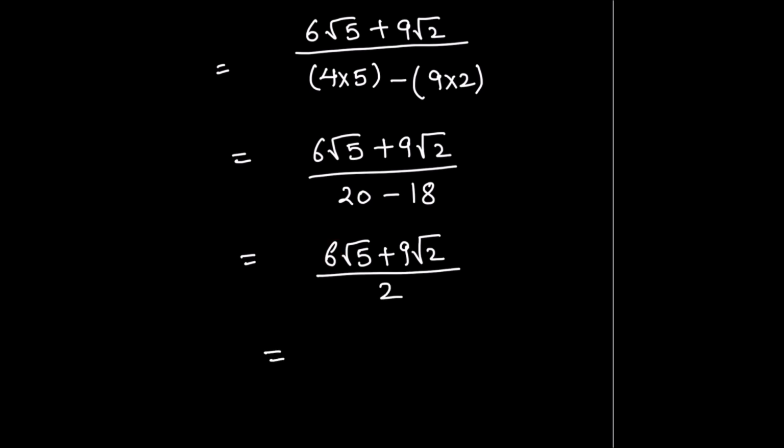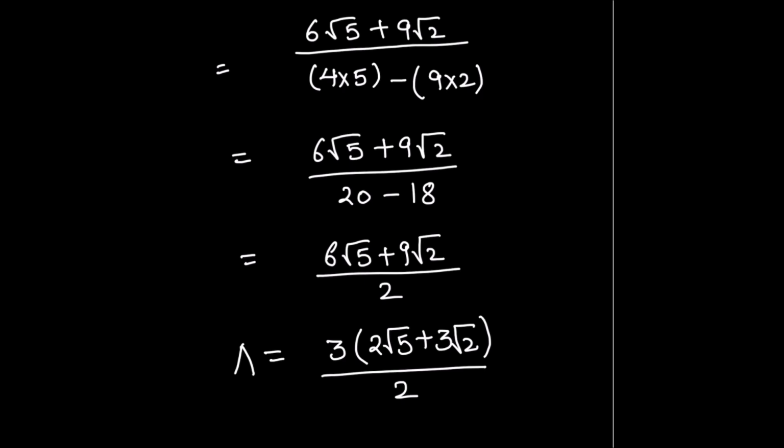So we can write it as, we can take 3 common in the numerator because 6 and 9 have a common factor of 3. 3 times 2 is 6, so that's 2 root 5 plus 3 root 2, divided by 2. So here we see that our denominator is now without the root sign. We have rationalized the denominator, and this is going to be our final answer.